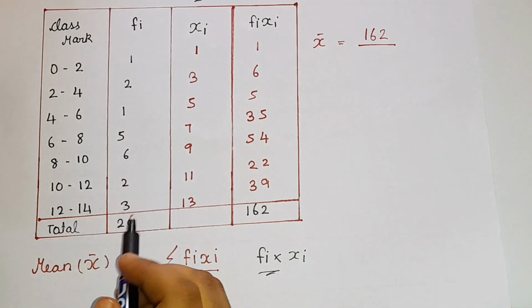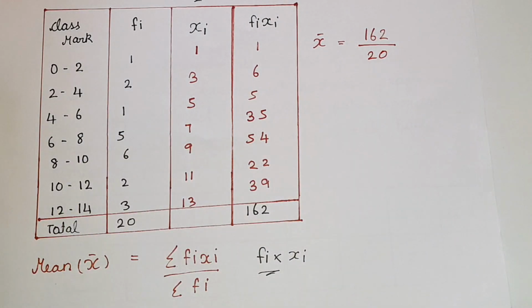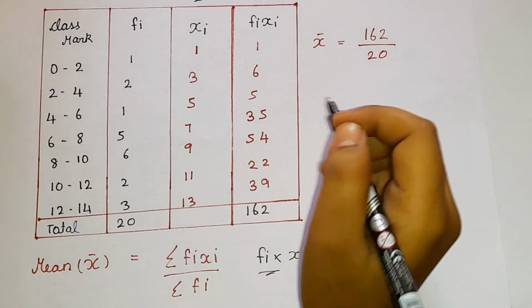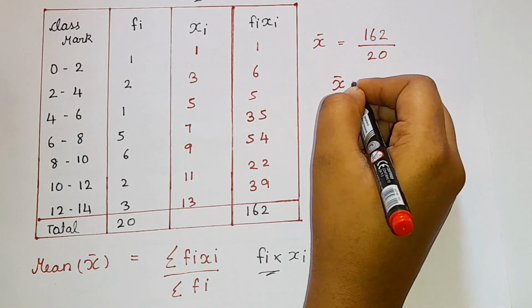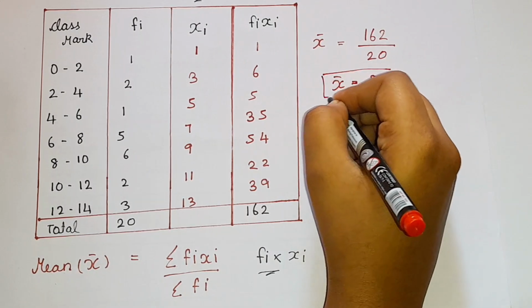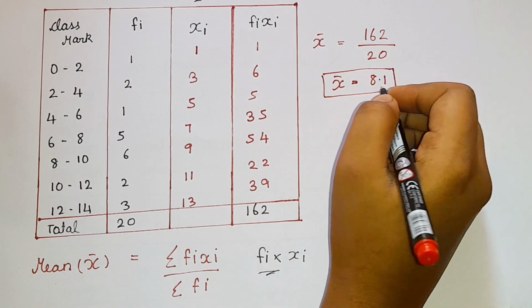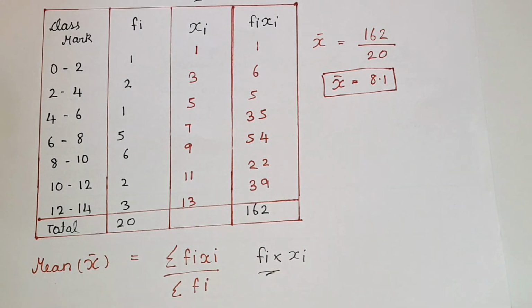So here we have fi, the value is 20, so 20, okay. So now we are gonna divide it. If you wanna cancel you can cancel, if you wanna divide you can divide, okay. So when we divide it we'll get 8.1. So this is gonna be our answer, okay. So how many number of plants are there? 8.1 number of plants are there, okay. So this is the answer, okay.